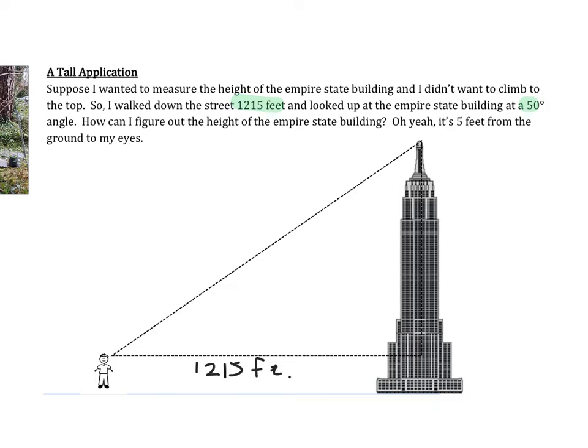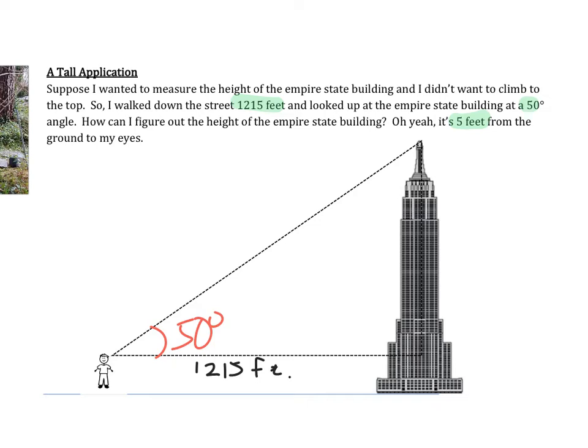A 50-degree angle with the horizontal. And the question is, how can we figure out the height of the Empire State Building? Oh yeah, let's say that it's about 5 feet from the ground to my eyes, all right? So that might be useful here in a moment.